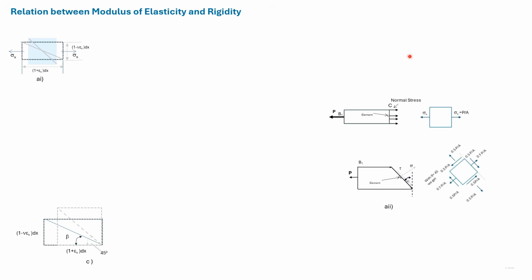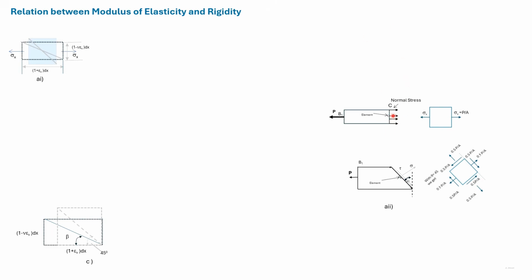We earlier discussed the rotation of an element. So here a bar was subjected to tensile load and we took a section perpendicular to the axis of the bar.